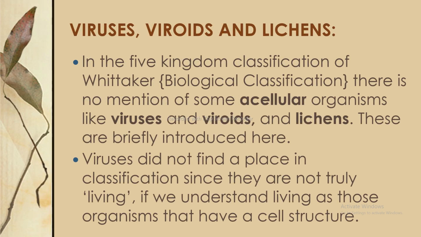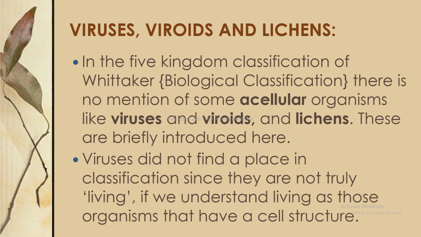In the five-kingdom classification of Whittaker, there is no mention of some acellular organisms like viruses, viroids and lichens. These are briefly introduced here. Viruses didn't find a place in classification since they are not truly living.